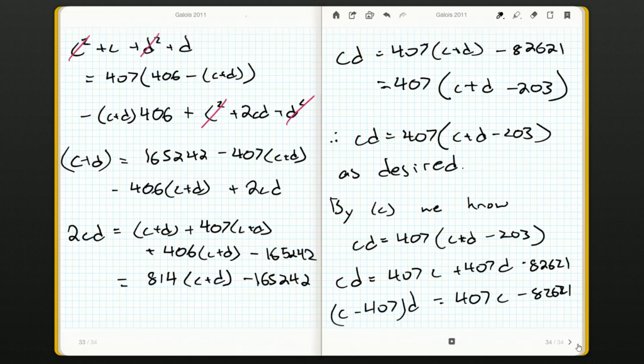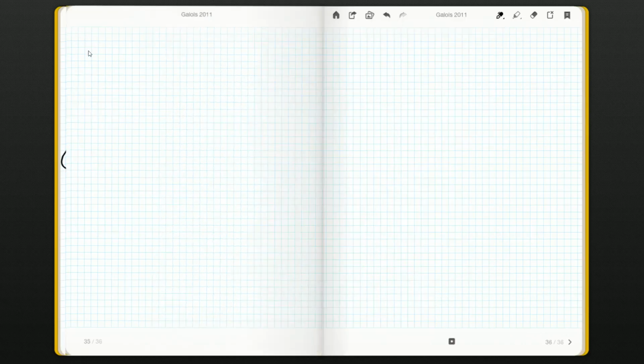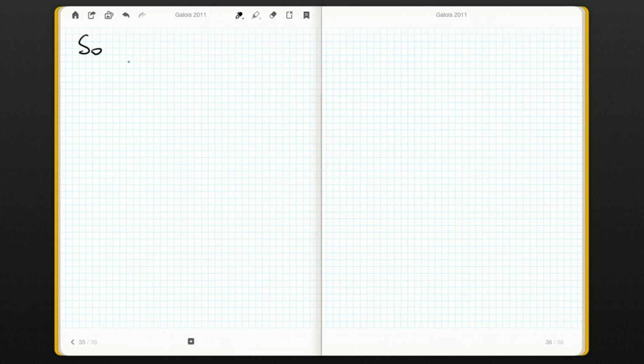So if I want D by itself, that's 407C. I can take a C out of here, and we'll be left with minus 203, and it'll be over C minus 407. Okay, so this is D in terms of C.